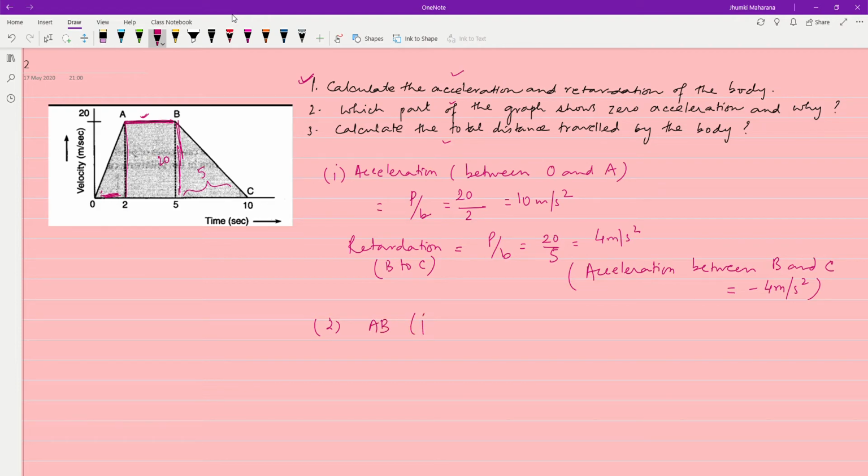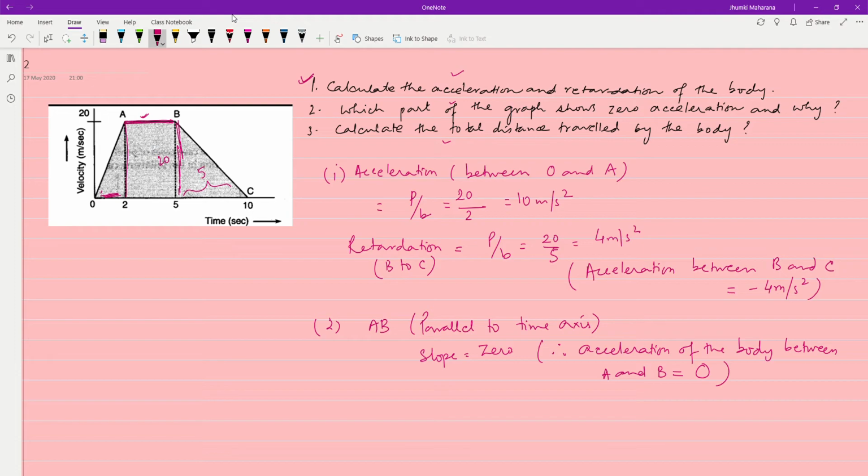So slope would be equal to 0, and therefore acceleration of the body between A and B is equal to 0.